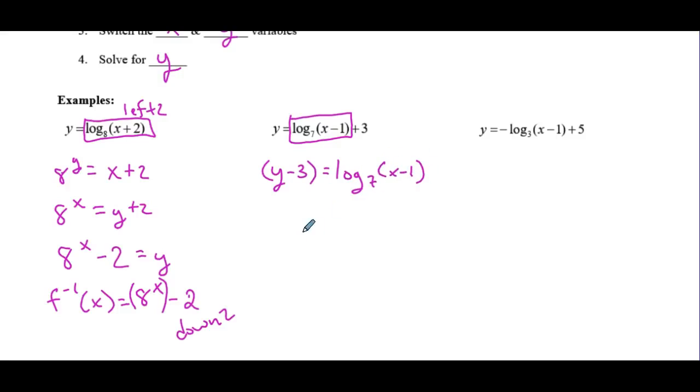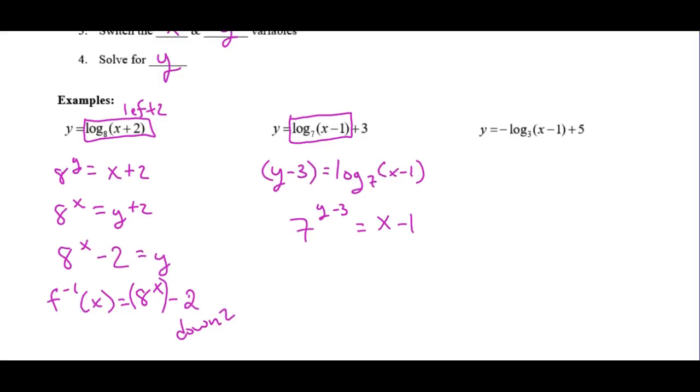Now I want to convert. So I have 7 raised to the y minus 3 equal to x minus 1. Okay, so again, all I did was take this y minus 3 and put it with the 7, and this x minus 1 is now by itself.